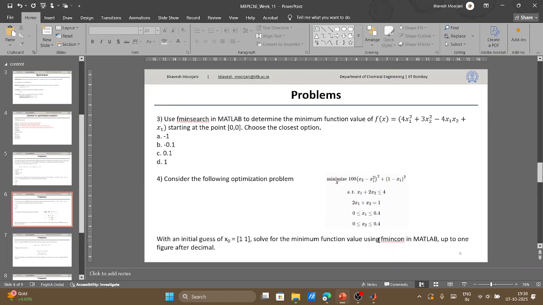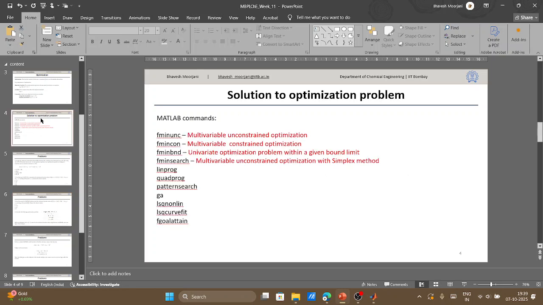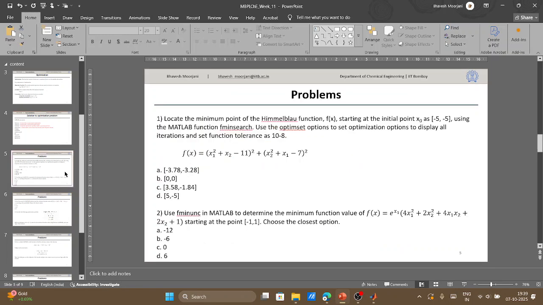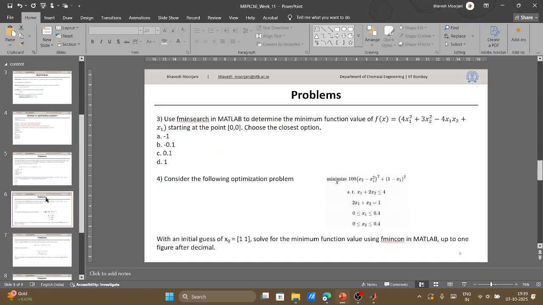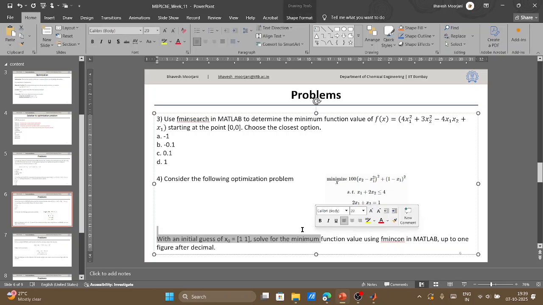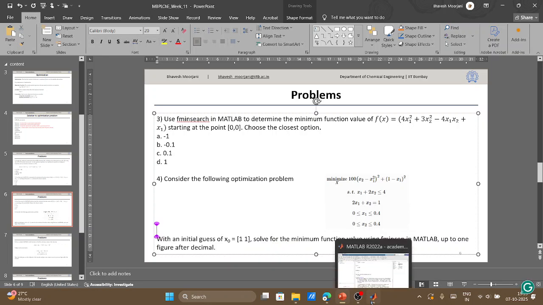So obviously this is a constrained optimization, and for constrained optimization we will use the fmincon command, which is the multivariable constrained optimization part. Here we also have to provide an initial guess, which has been given. Okay, so let's try to solve this part.